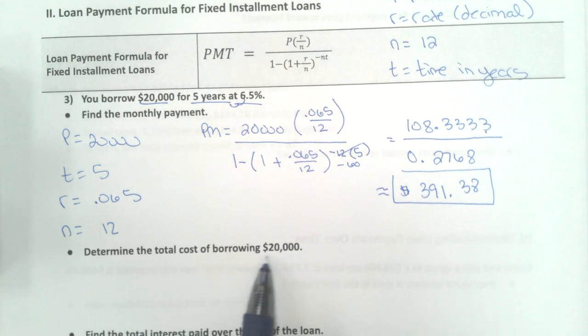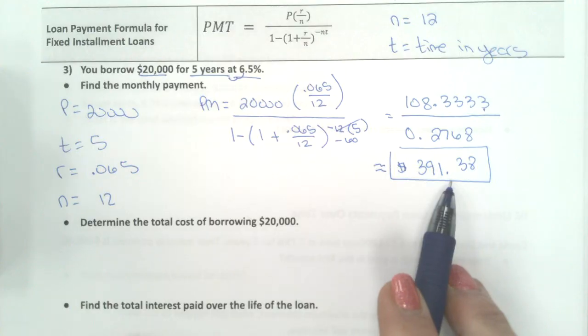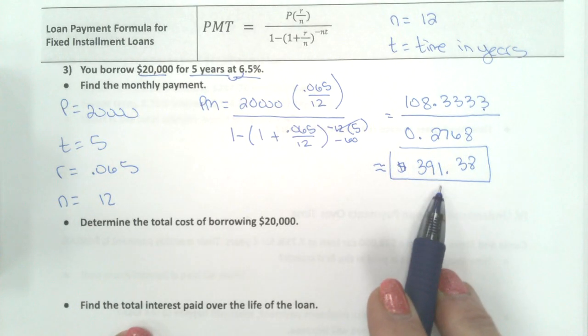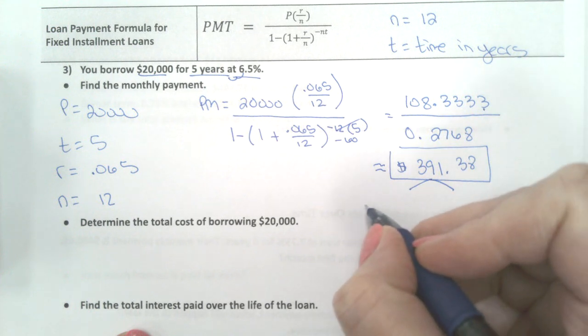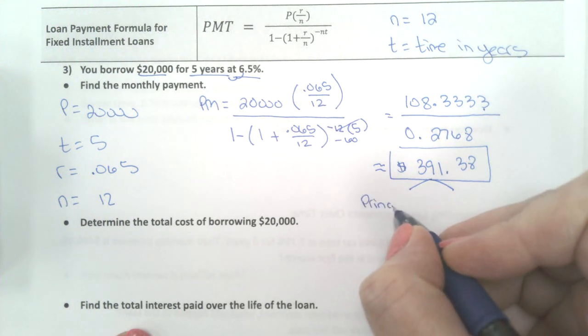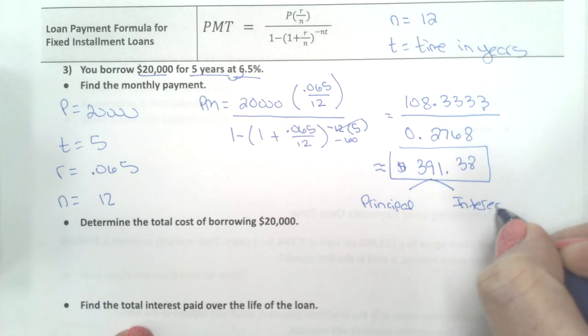Determine the total cost of borrowing $20,000. All right, so I'm going to go back to this. When you make a monthly payment, it is split. Part of it goes to your principal, and part of it goes to pay your interest.